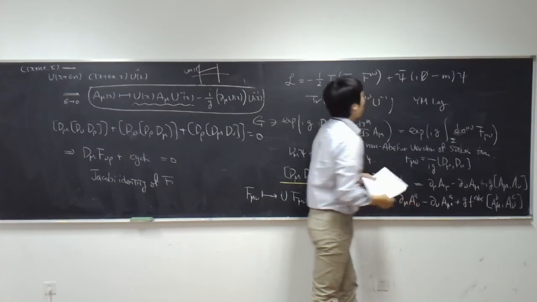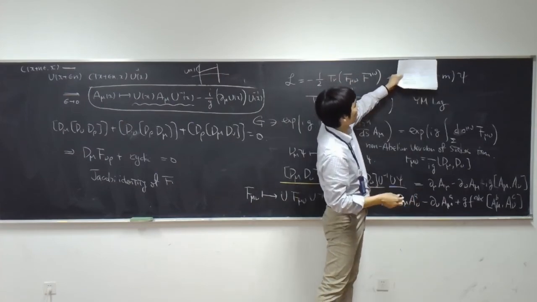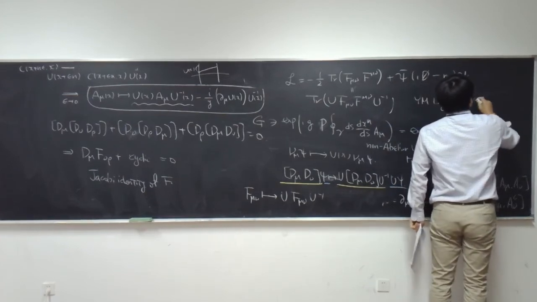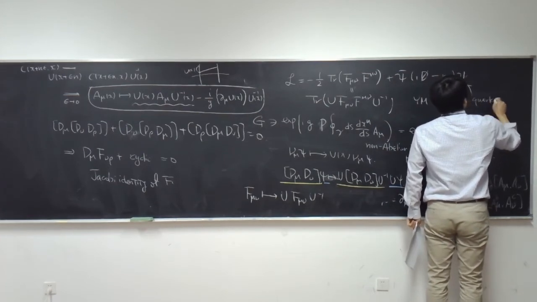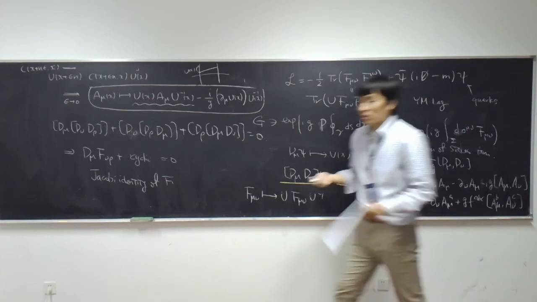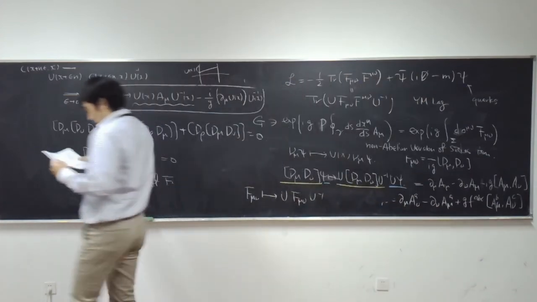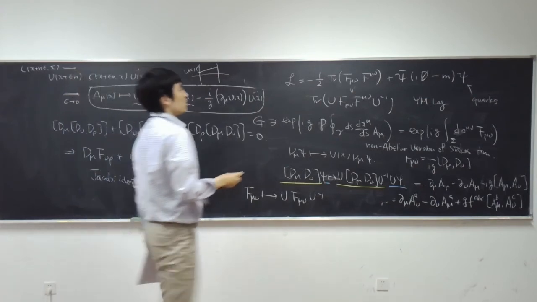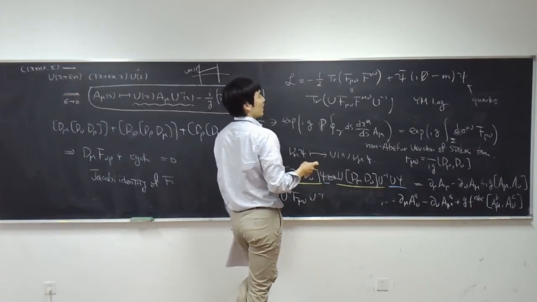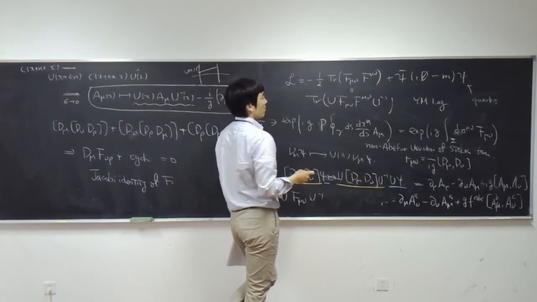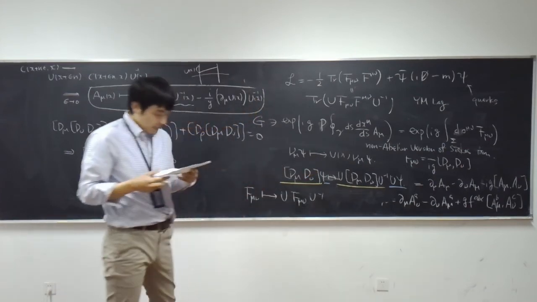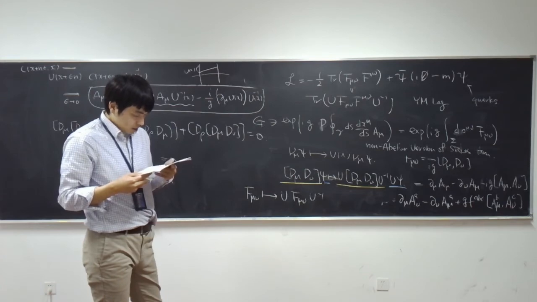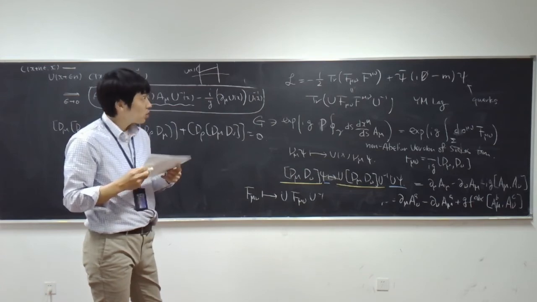Sometimes this psi is often called quarks, as I'm going to explain later, and this is sometimes called the QCD Lagrangian. Anyway, this is Yang-Mills Lagrangian, and so on. Okay, so this is the gauge-invariant term.